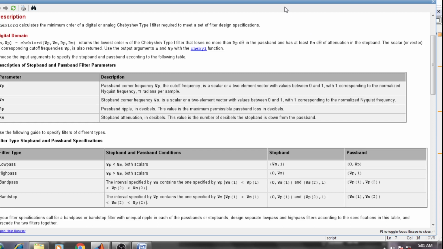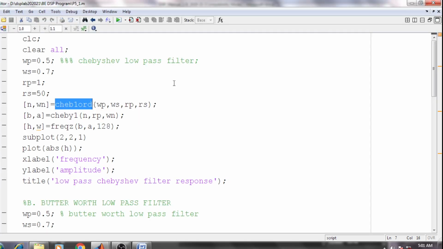I hope this covers the Cheb1ord function. Once you pass these four parameters, you will get two coefficients from this, that is N and Wn. N is the order and Wn is the cutoff frequency.